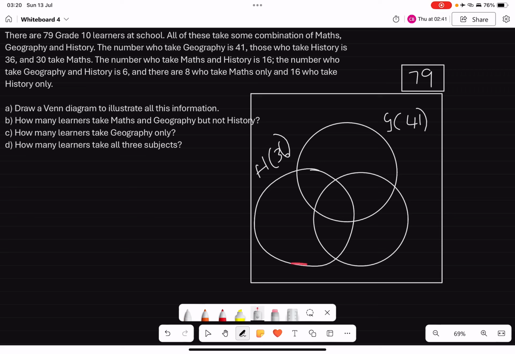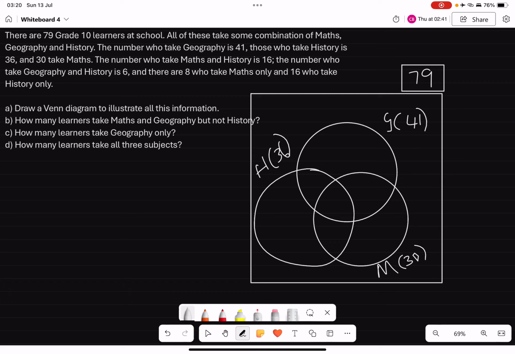It means the whole circle of H, when we add this and that, we must get 36. And then math is 30. Those who take math are 30.